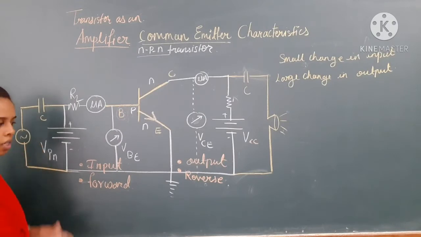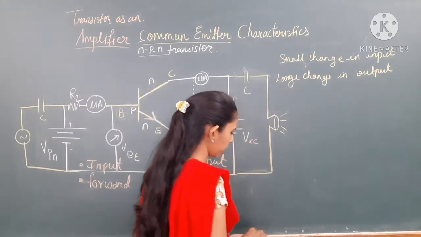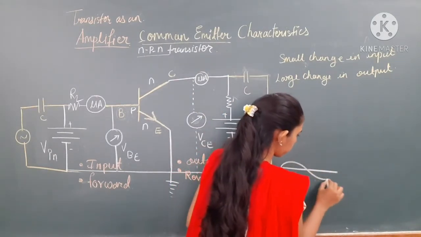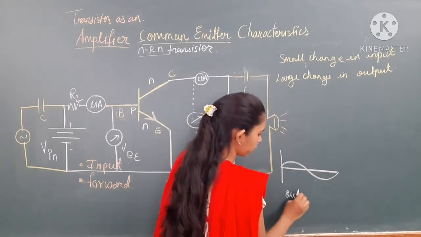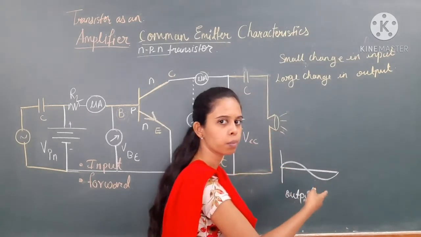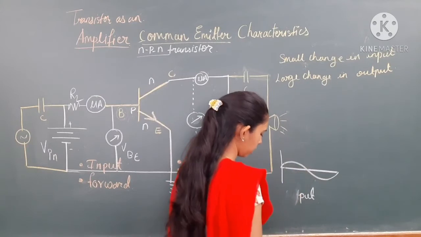So there is a small change, and this small change is in sinusoidal form. Sinusoidal means what? This is the output. And if you see at the input, this is the input.